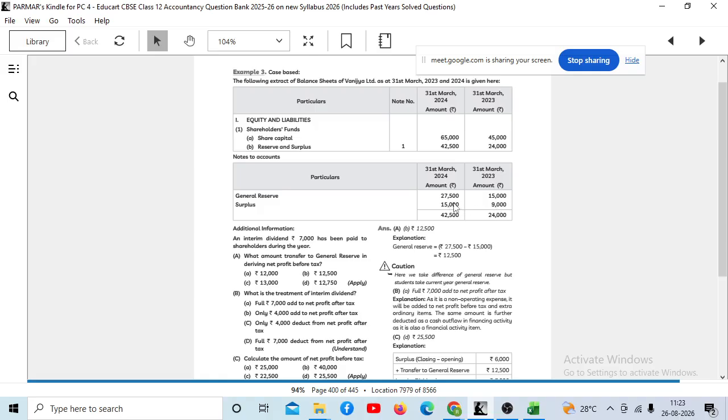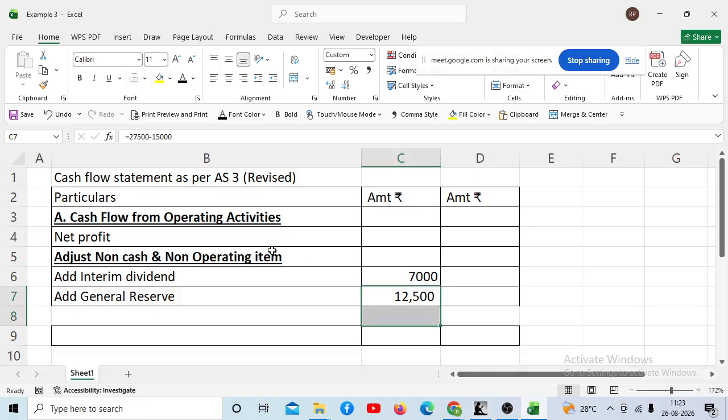Opening was 9 and closing is 15, so it increased by 6,000. So the current year's net profit is 6,000. It will come in the outer column.